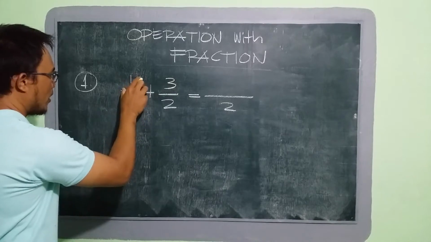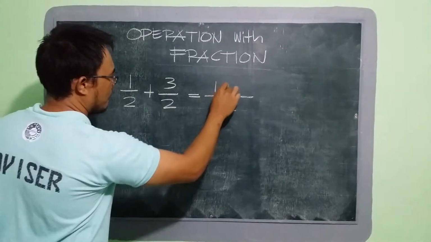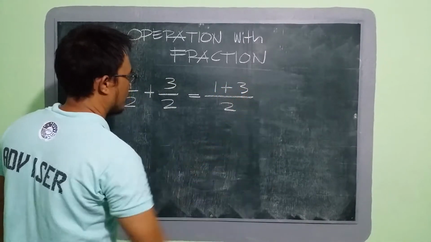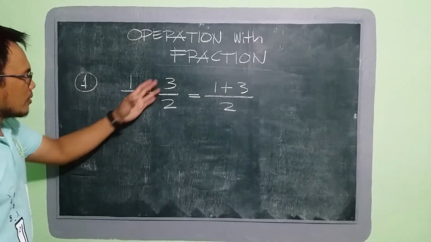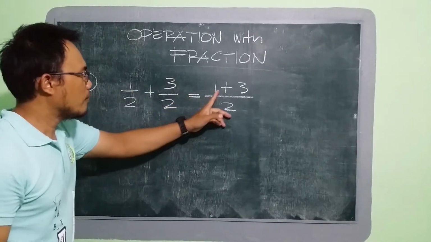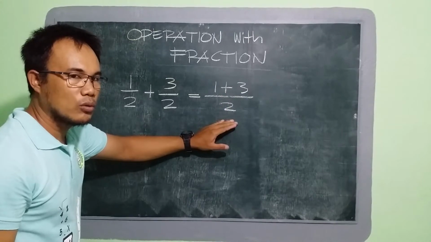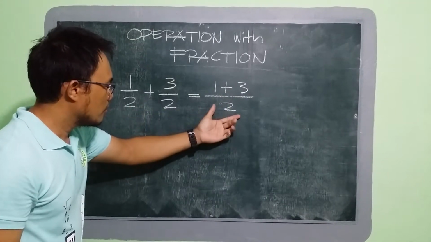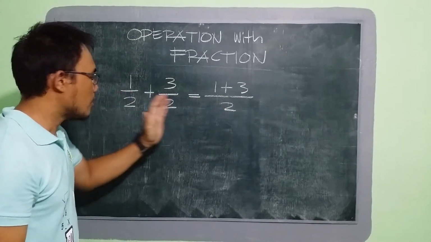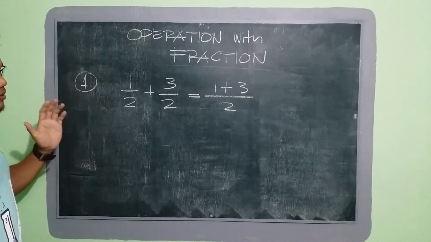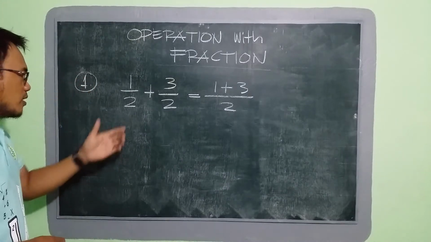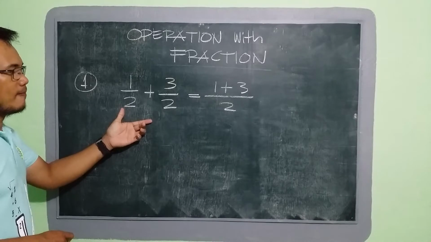So we have 1 plus 3. Okay? 1/2 plus 3/2 is equal to 1 plus 3 all over 2. We just carry the denominator because they are similar fractions. So that's how easy it is to simplify similar fractions.